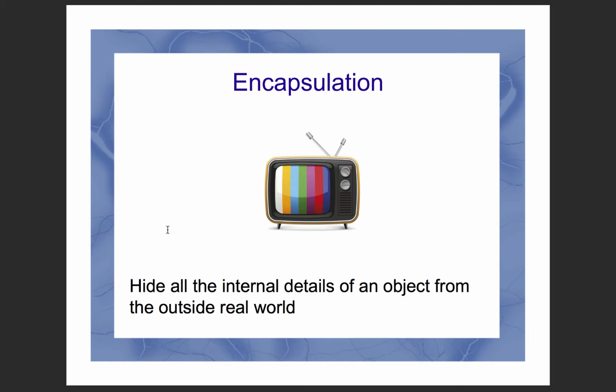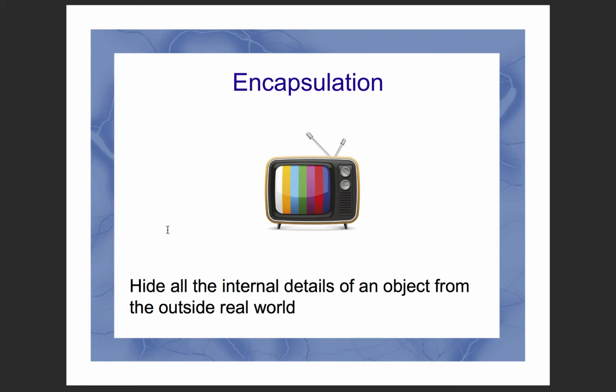We just know how to use them. The way it hides its complexity from the outside world is called encapsulation. Don't be confused between encapsulation and abstraction. These are two different things. We'll talk about the difference between encapsulation and abstraction.